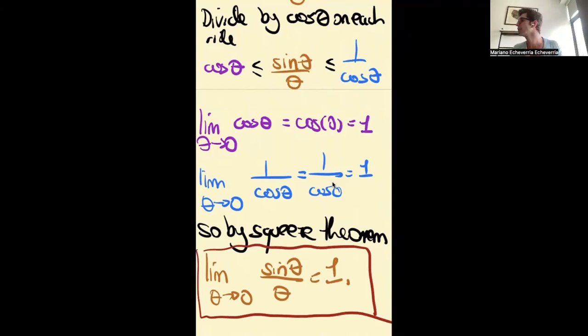I like it because it breaks some stereotypes on how you are supposed to find limits.